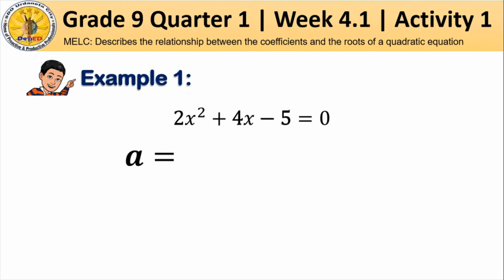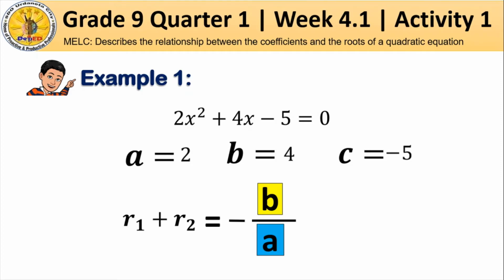A is equal to 2, b is equal to 4, and c is equal to negative 5. By using the formula r sub 1 plus r sub 2 is equal to negative b over a, we are going to substitute the value of b, which is equal to 4, and a, which is equal to 2.